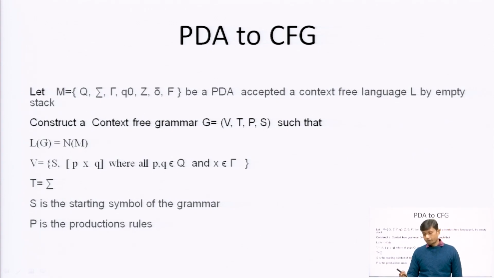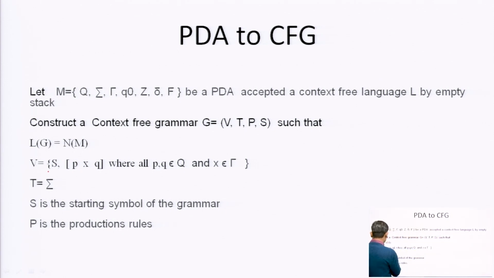Here L(G) equals N(M), which means whatever language is given by the context free grammar will be accepted by the pushdown automaton. So here we have written V equal to S and [p X q]. What are the variables here?